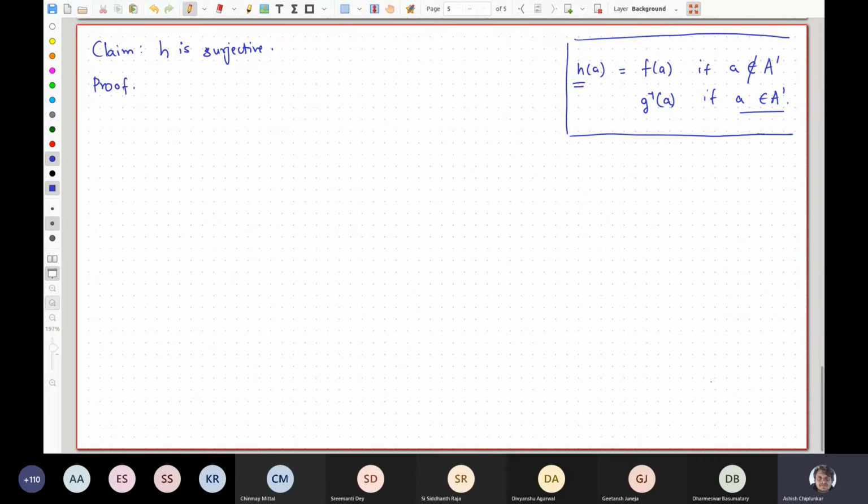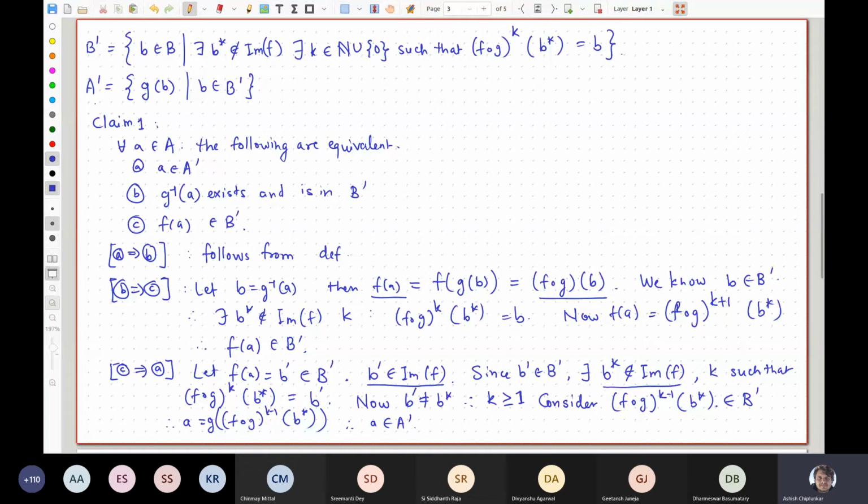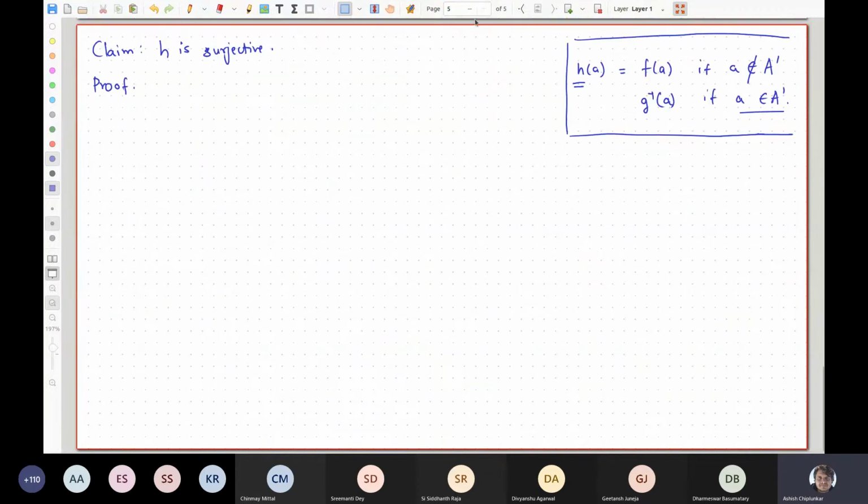Does somebody want to tell the proof? Does somebody want to try out using the definition of B prime and A prime? Right, so maybe let us also copy this on that slide.